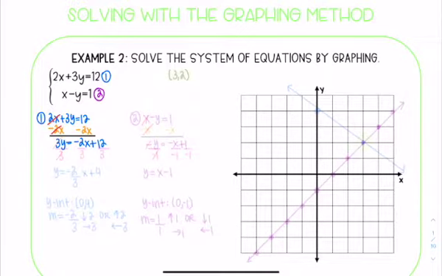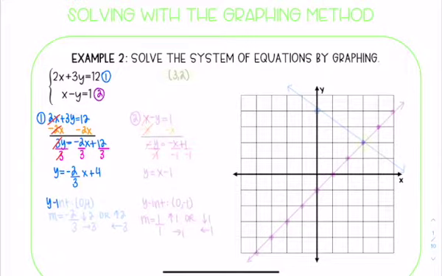And we want to divide by 3. So we get y equals -2/3 x plus 4.